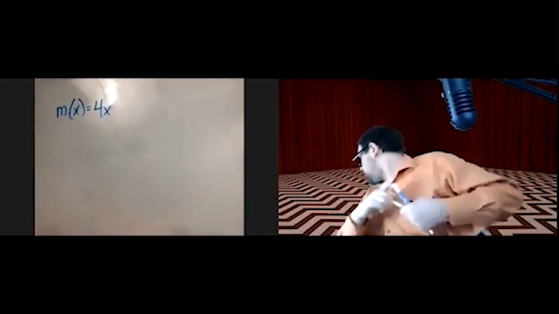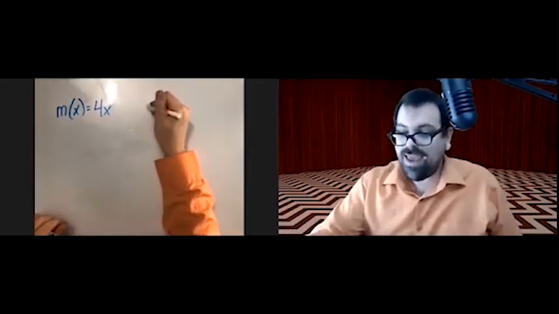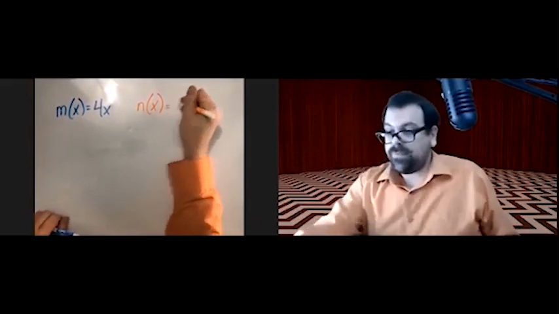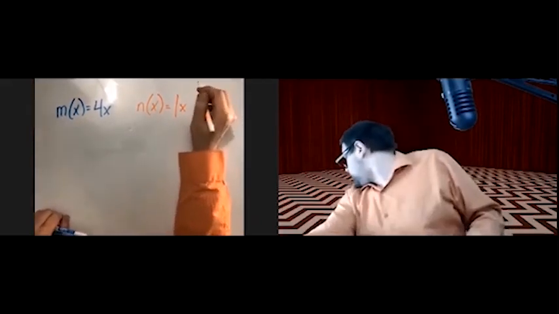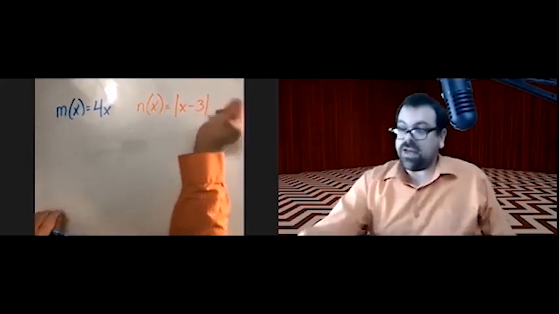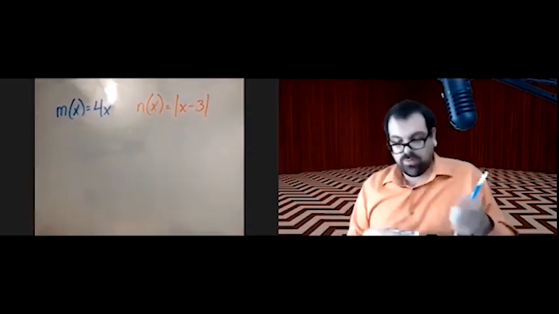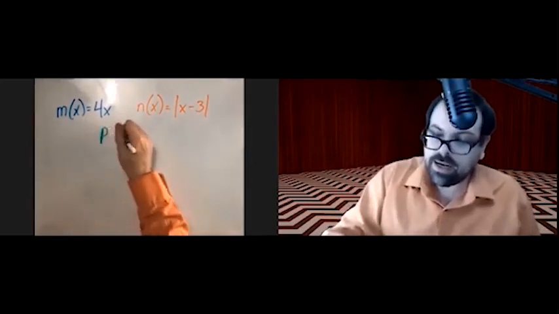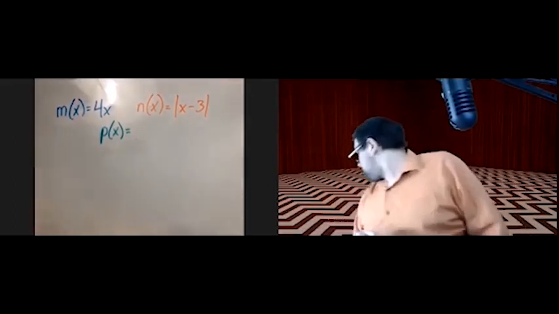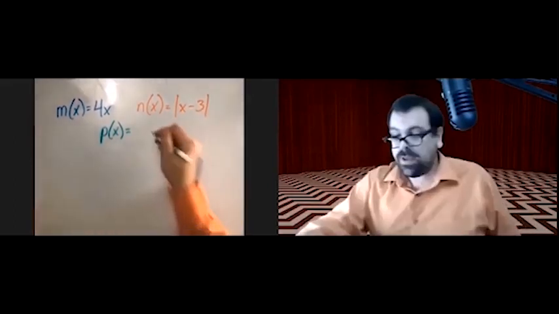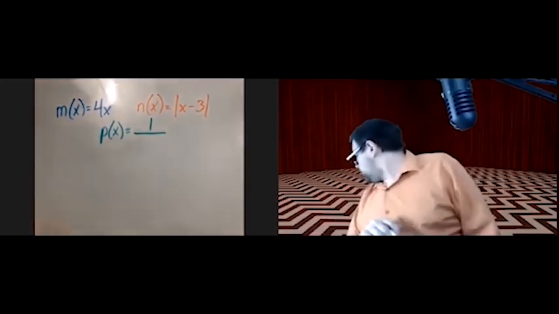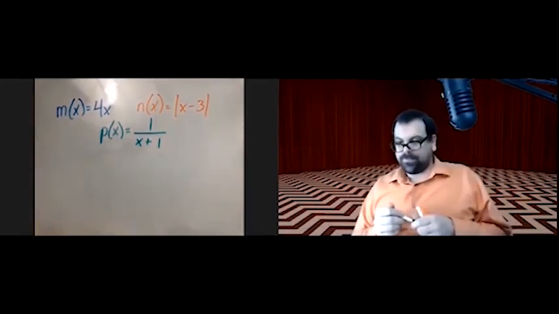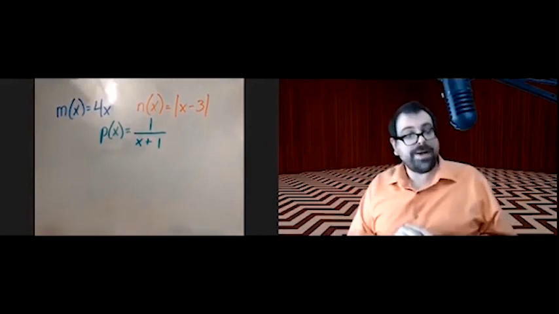We're going to say n of x is the absolute value of x minus 3. And we're going to say p of x is 1 over x plus 1.